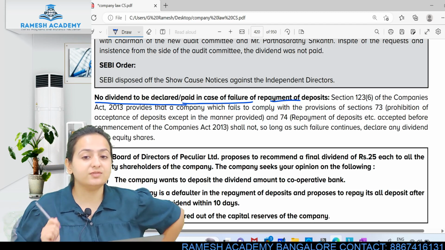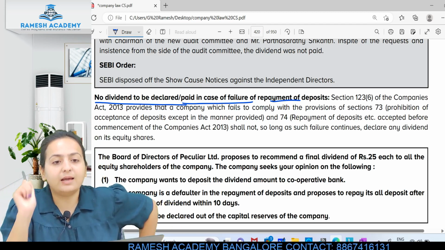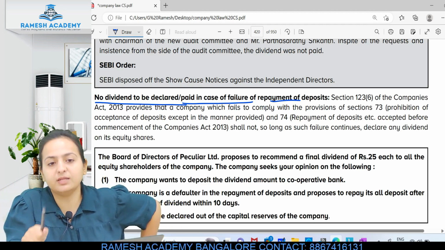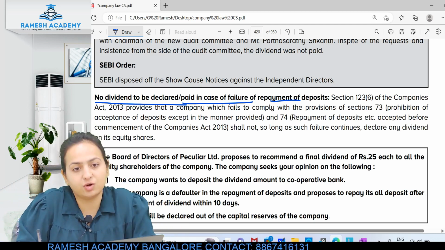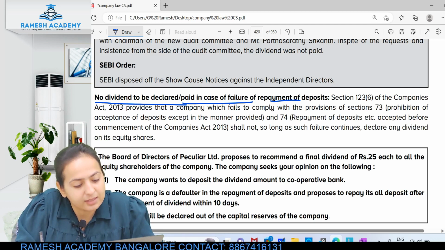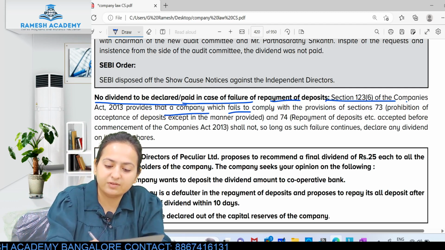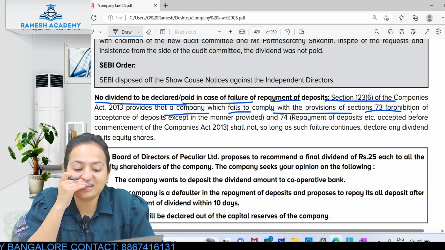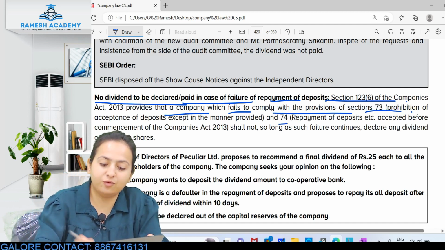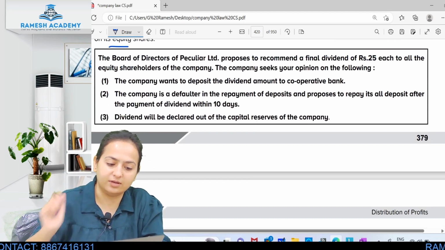In that case, if there is a default in the payment of the deposits, you cannot pay the dividend unless and until you make sure that all the deposit amounts are repaid. So, Section 123 provides that a company which fails to comply with the provisions of Section 73 and 74 shall not, so long as the failure continues, declare the dividend.